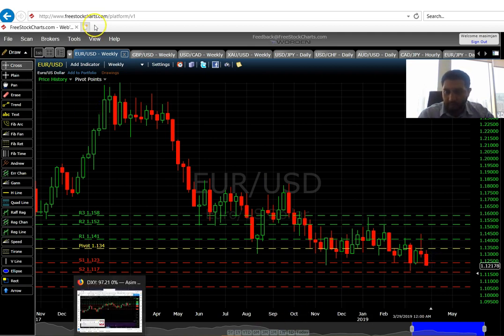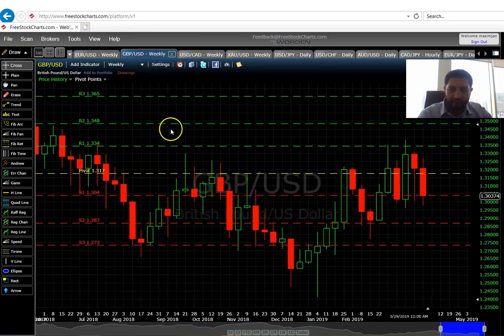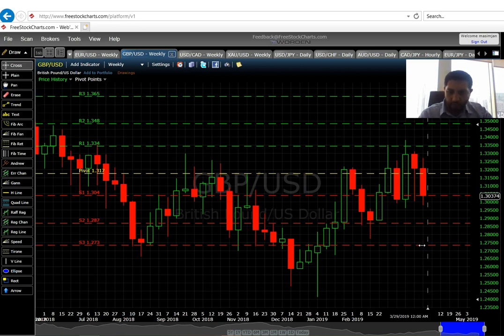Moving on to the GBPUSD. On the weekly momentum, as I said, it's in a downfall, and for the last 2 weeks we have been expecting volatility and momentum in the downward direction. I would be expecting the move towards support 2, which is at 1.287, and would expect it to move further to support 3, which is at 1.273, and would expect this volatility to break this support as well and come below this level.